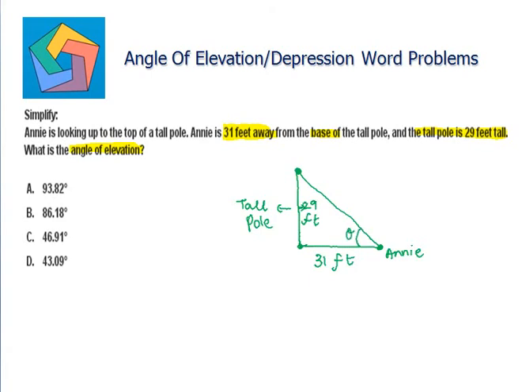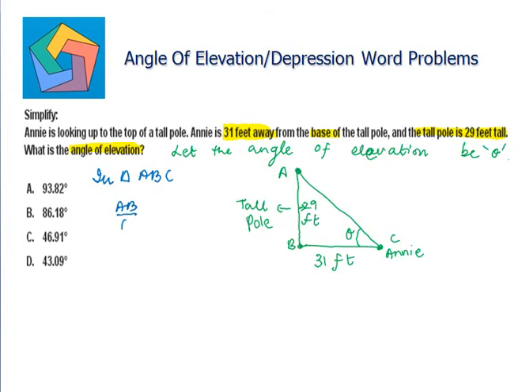Let the angle of elevation be theta. So let's say this is triangle ABC. In triangle ABC, I have AB over BC as tangent theta, or we can say 29 over 31 is equal to tangent theta.